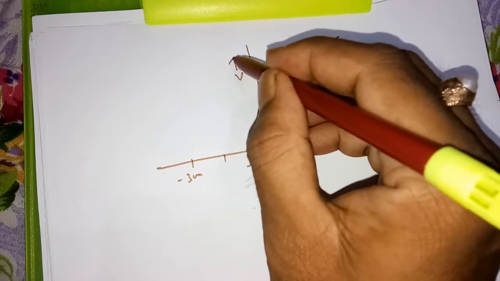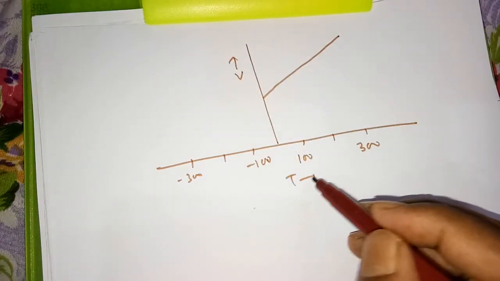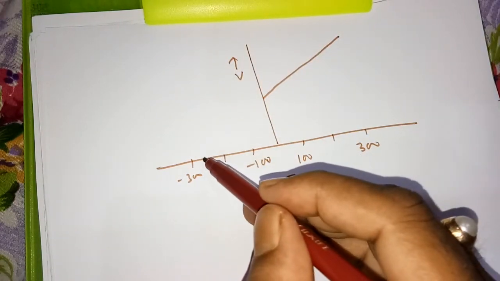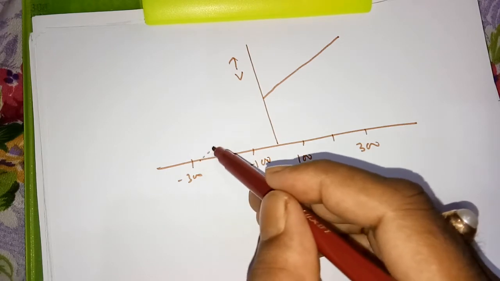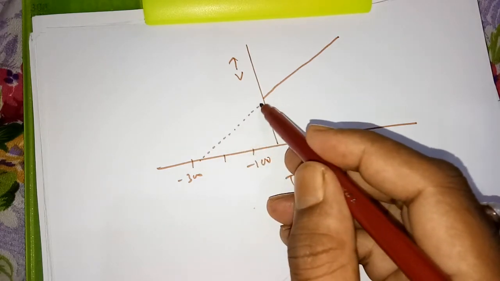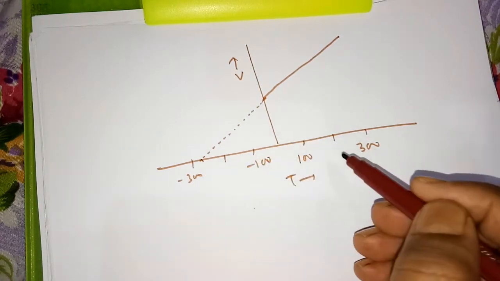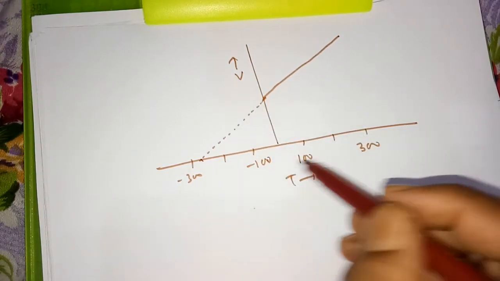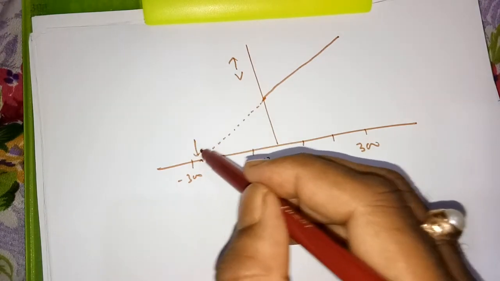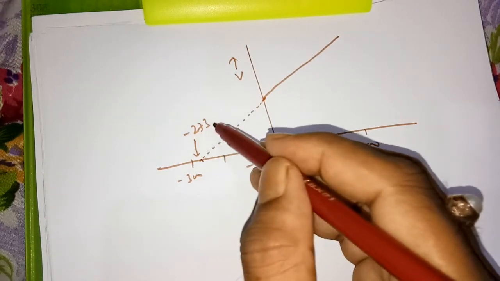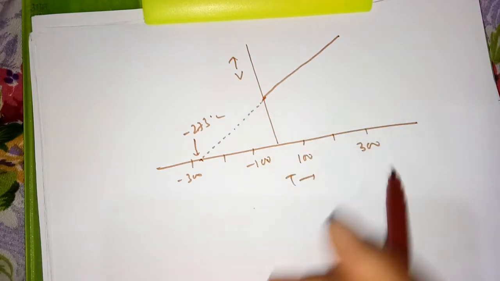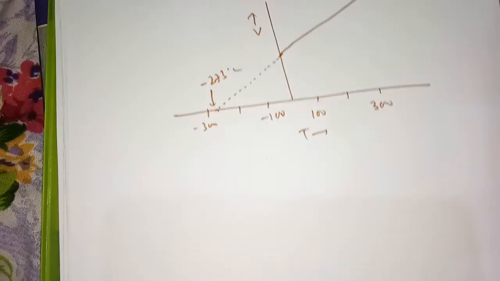This is volume, this is temperature. Now in this graph you can extrapolate to -273°C. Your volume becomes 0. So this is -273°C. Your volume becomes 0.